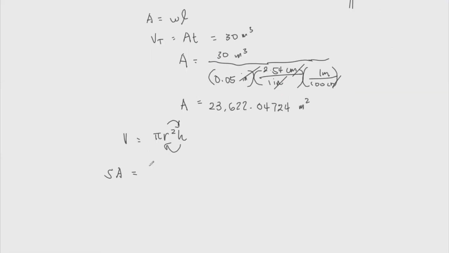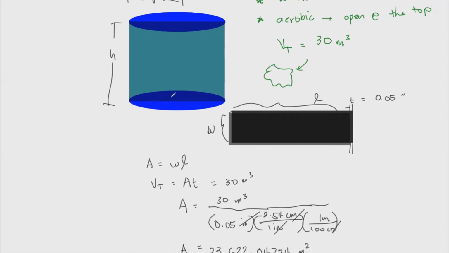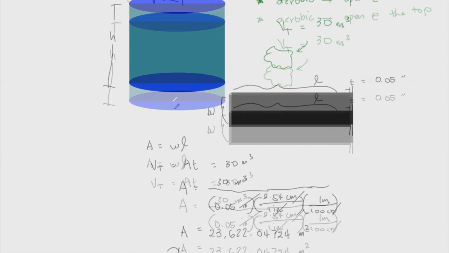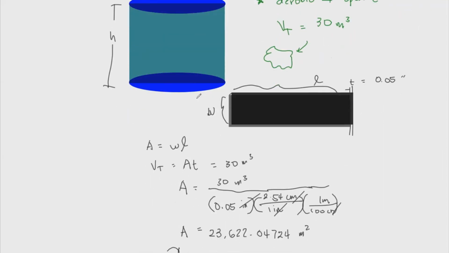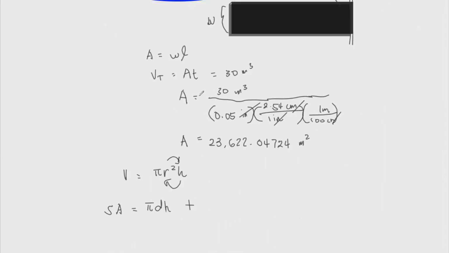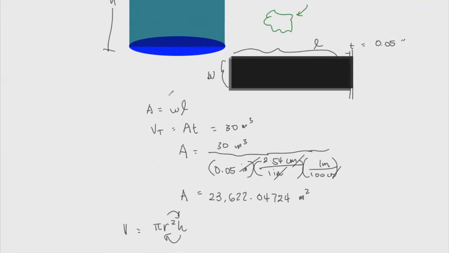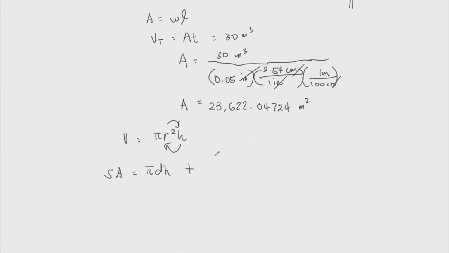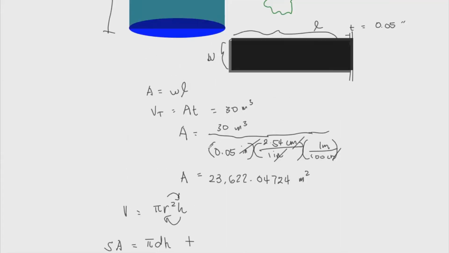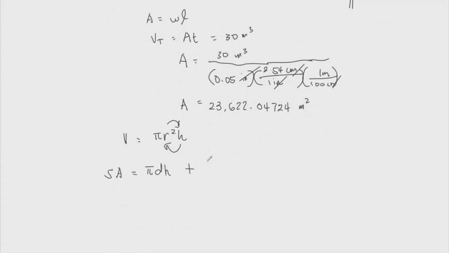For the lateral area, that's simply the circumference times the height, and then we add one of the bases, just the base. That's the area of the base, which we could write as pi r squared, but since I'm using d here, I think we should be using r, since we just wrote r here. So I'll be using r from now on.